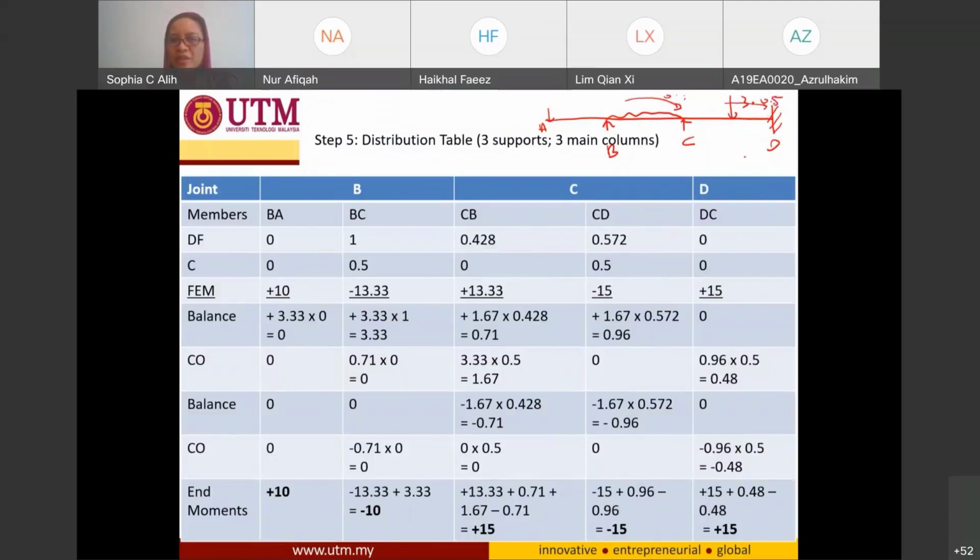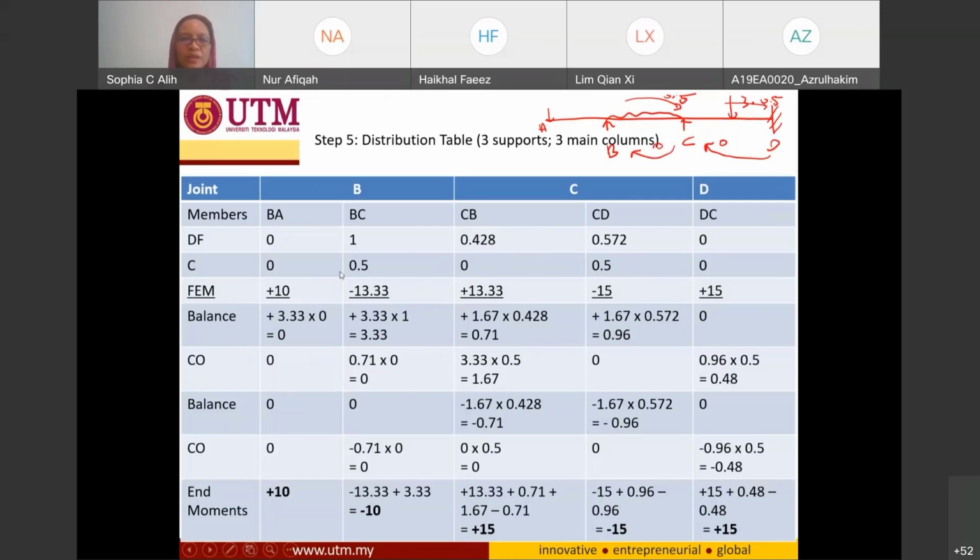However, from D to C it will not carry over because D is a fixed support, so it's going to be 0. And from C to B also it is not going to carry over because B is the end pin, so it's going to be 0.